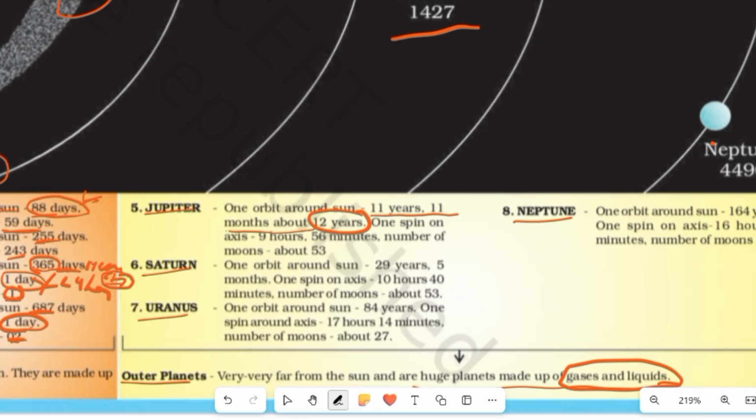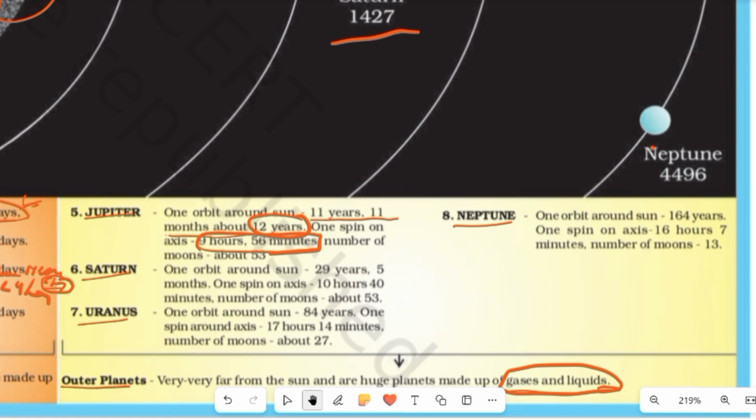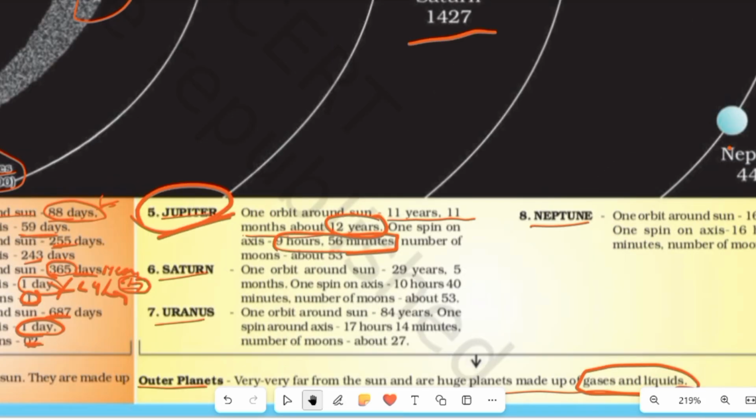One spin on its axis takes 9 hours 56 minutes. When anyone asks which planet takes the smallest time to rotate on its axis, it is Jupiter, because of its big size.